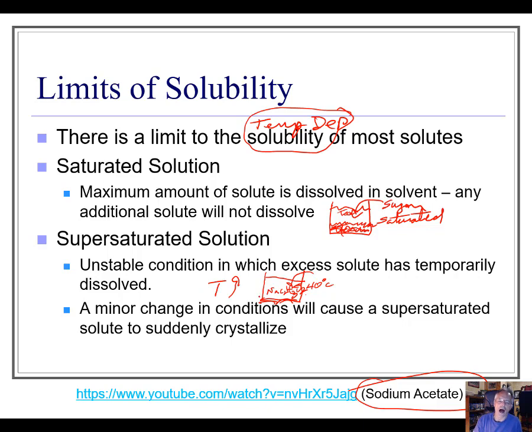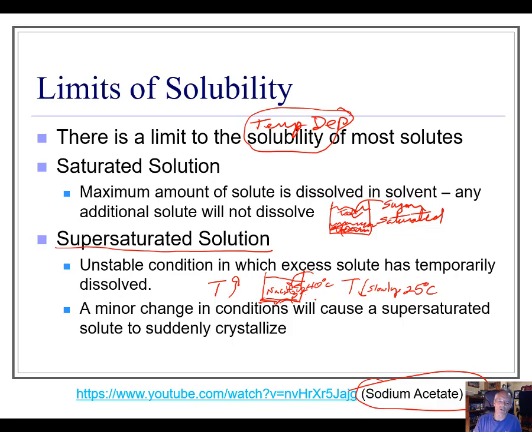Now, I've dissolved what I think is all the sodium acetate I can get at 40 degrees, and then I cool it down very slowly. I'm really careful with this beaker. I don't jiggle it, but I just reduce it to room temperature at 25 degrees C. If you do this properly, none of that excess sodium acetate will come out of solution, and your solution will be supersaturated.